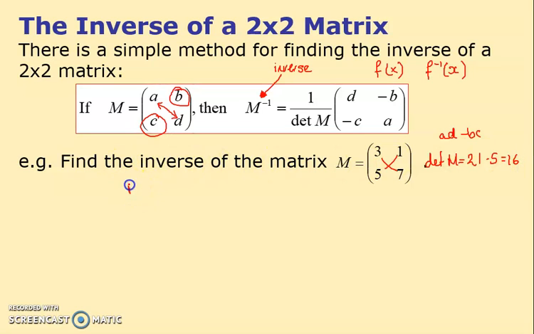And so therefore, if I want to find the M inverse, I write 1 over that 16, and then remember what I do, I switch the A and the D round. So it's the 3 and the 7 round in this case, that's 7 and 3. And the 1 and the 5 just become minuses. There it is. That's it.